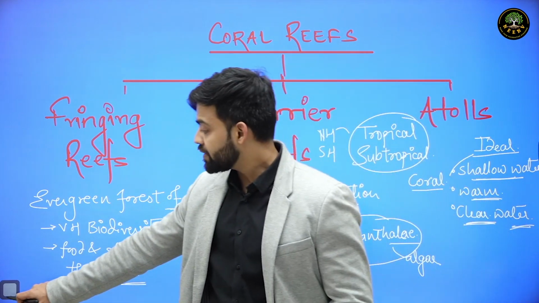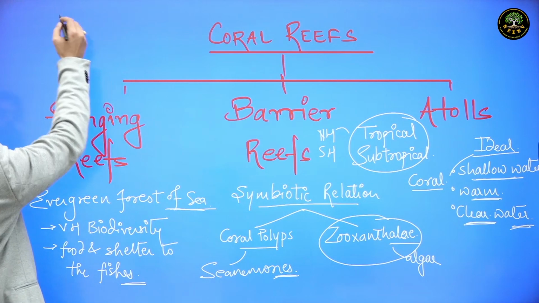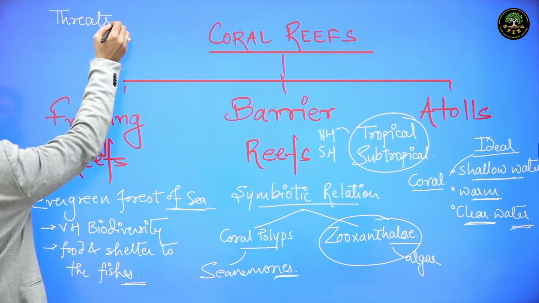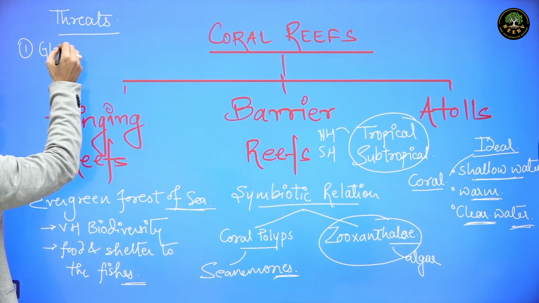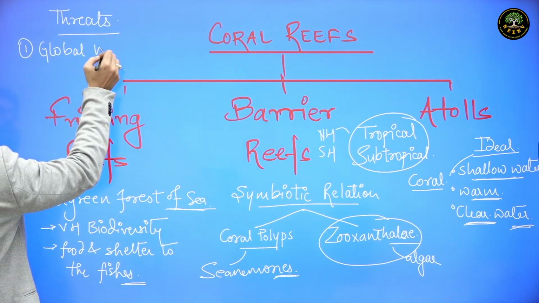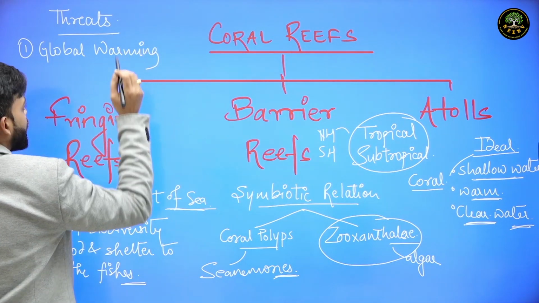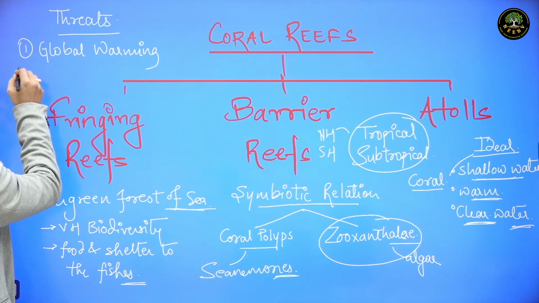Now, coral reefs are threatened by 2-3 things. The threats are because of global warming, as the water is getting warmer and warmer, corals are dying.